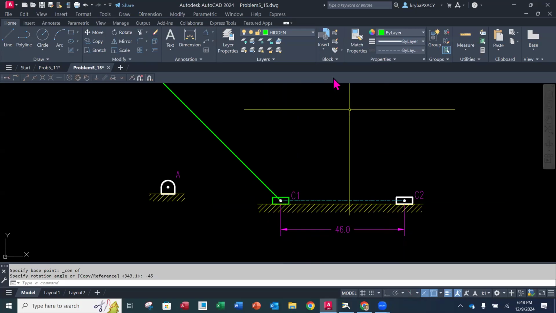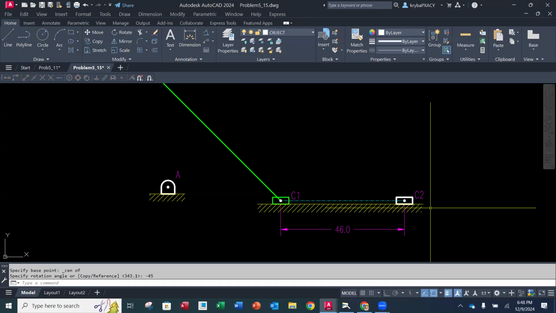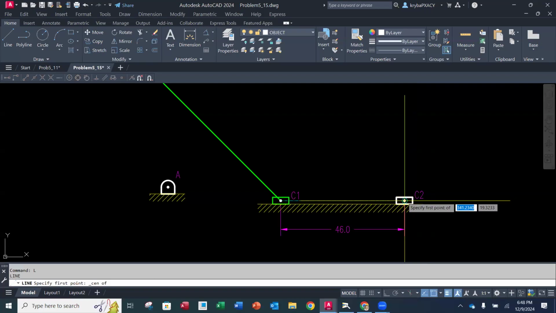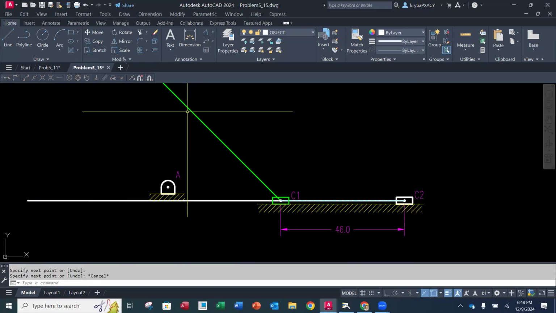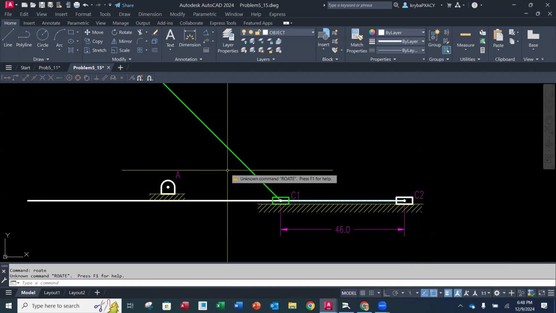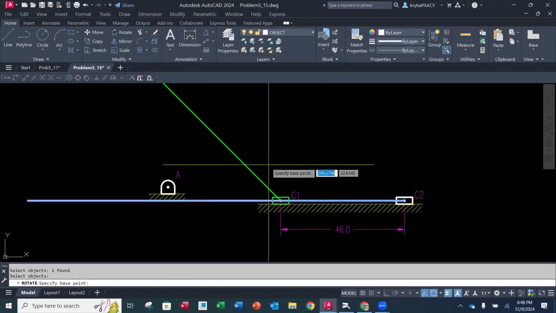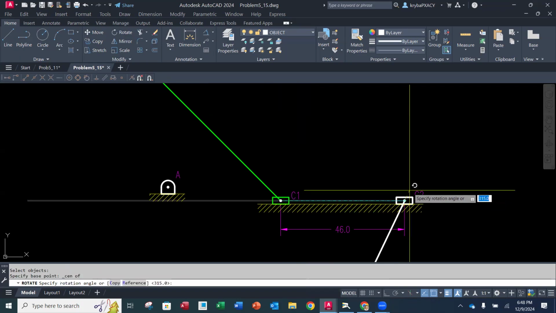Now for the other one, through C2, I'm going to do another line, same thing from that center. I'm just going to go horizontal, nice and long, so that I know I'm going to intersect with the other line that I just created. And I'm going to rotate again. Rotate this one from the center of C2 here.